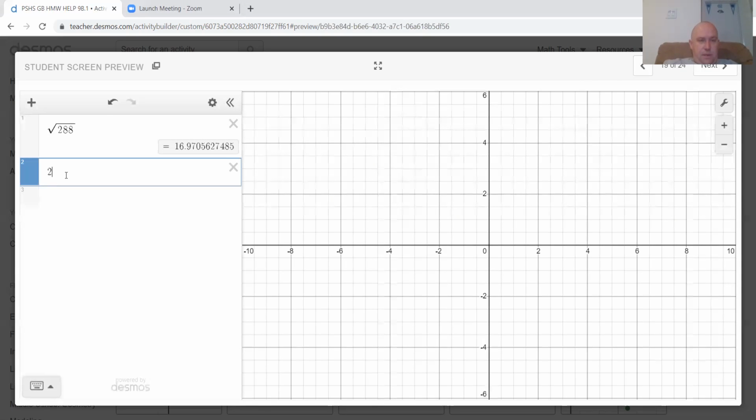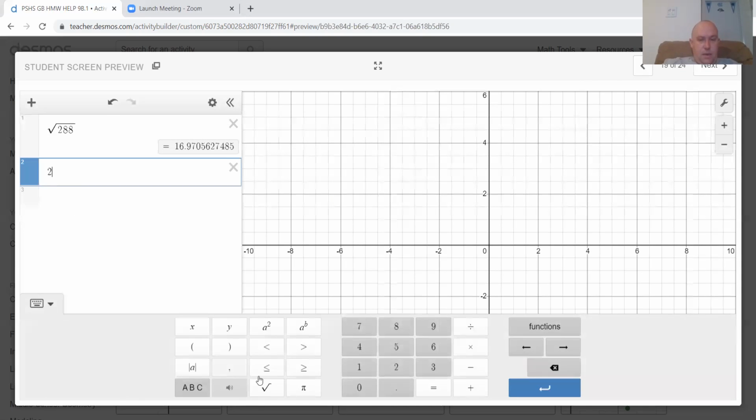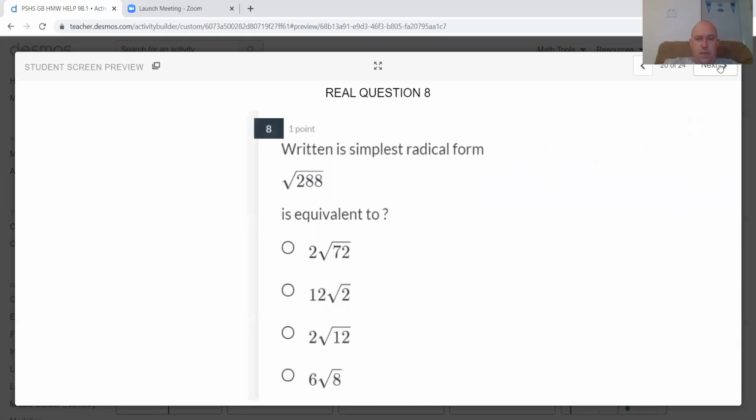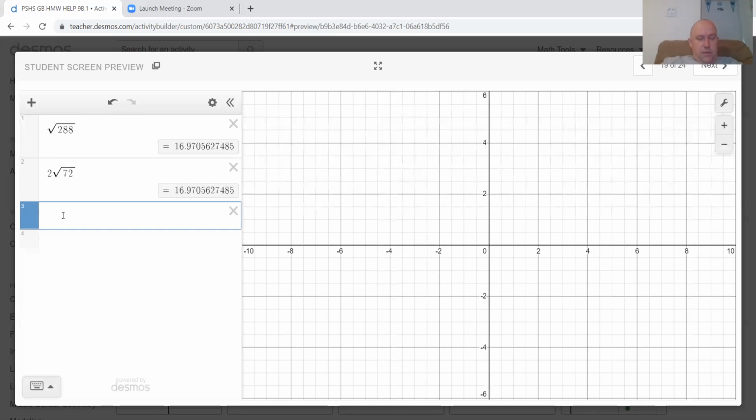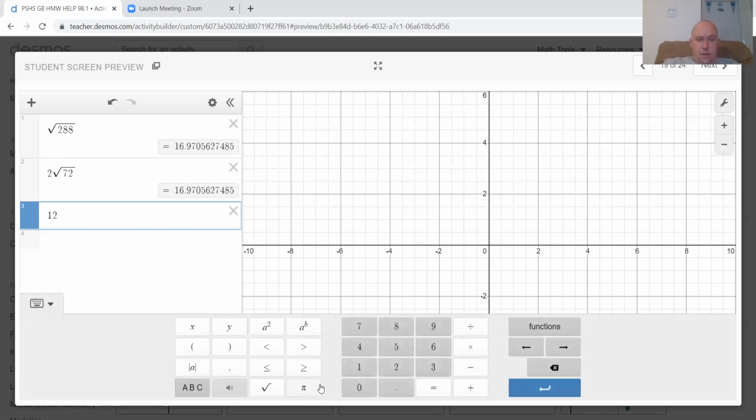So if I type in 2 square root of 72, oh, look, it's the same decimal, and you might be tempted to stop at this point. However, this might simplify for a second time, so we do need to keep going on this. So the other answer is 12 square root of 2. Notice that gives us the same answer as well.